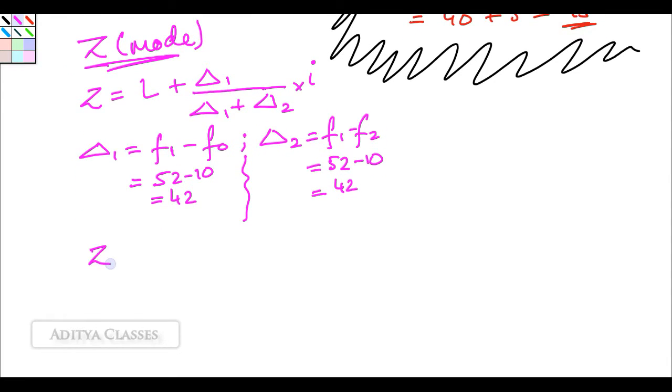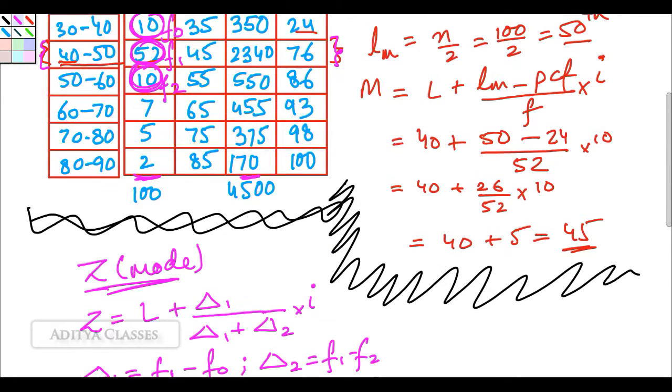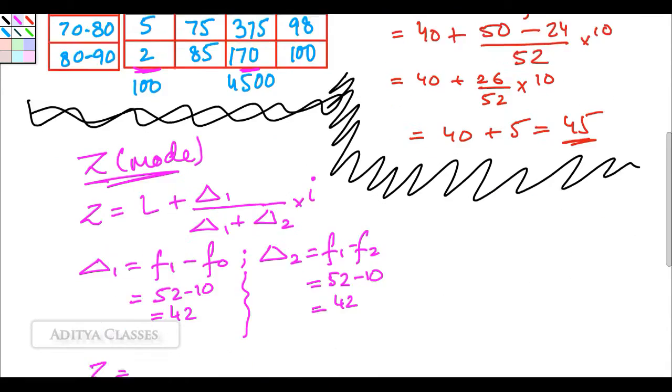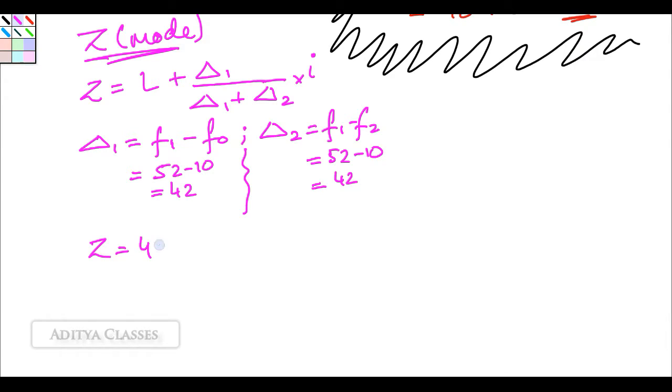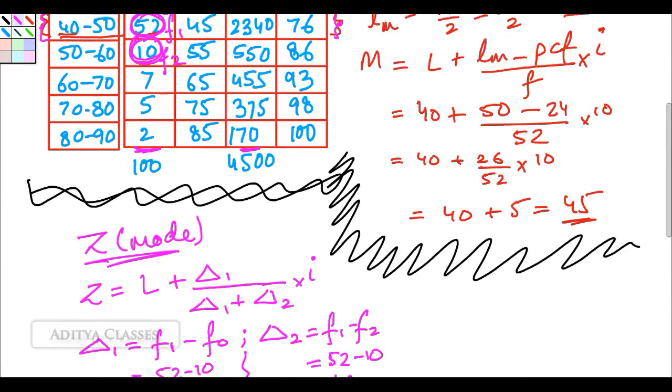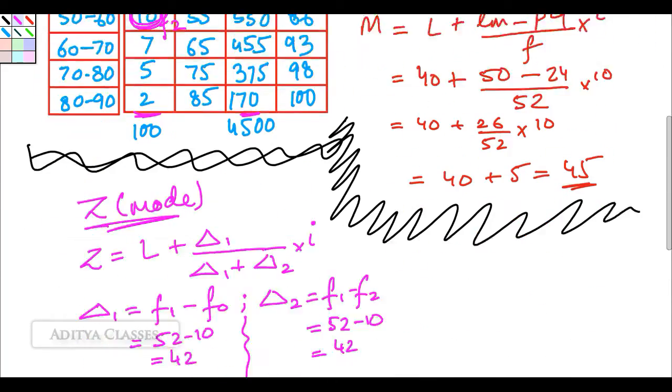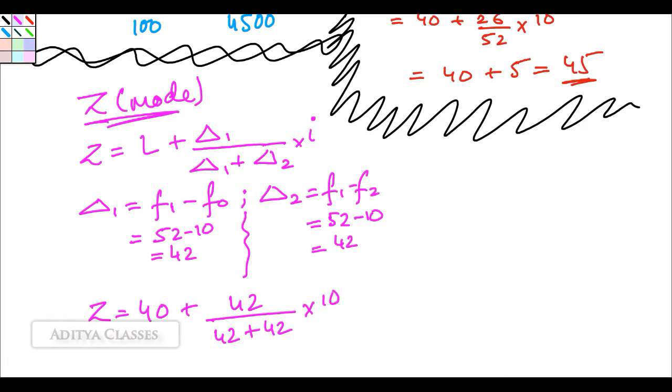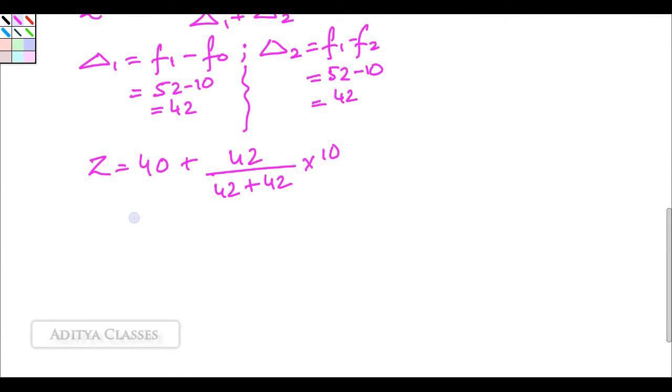So what will be the Z? Lower limit of our class is 40. So let us put 40 plus delta 1, which is 42, upon delta 1 again 42 plus 42, 84, multiplied by the interval of our class. Interval of our class is 10.